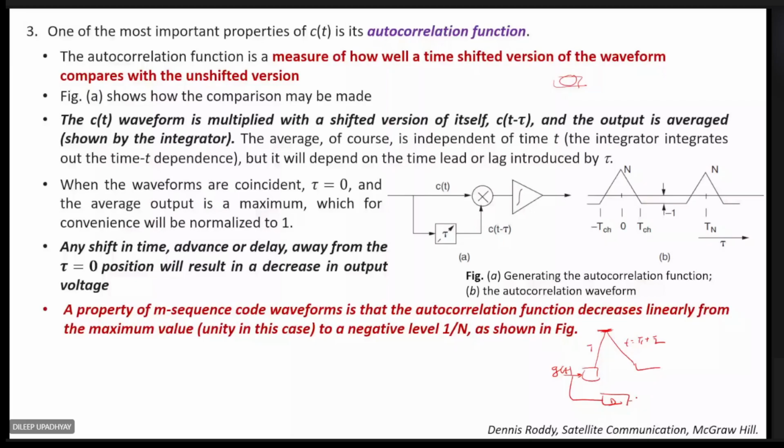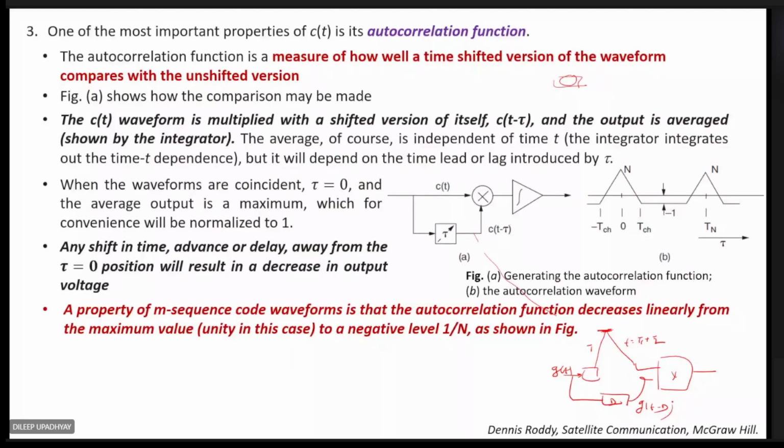Since this d is adjustable, and we know how much delay we have created in this GT, this signal will be G(t minus d). Then we see for what value of d this autocorrelation function is getting maximum, and that d we are calculating.